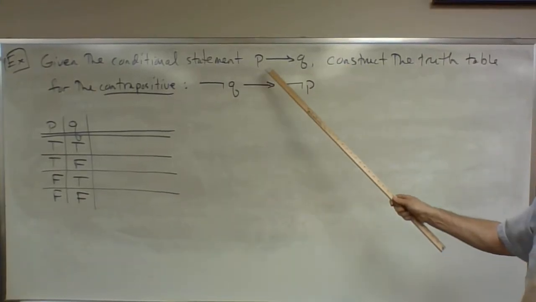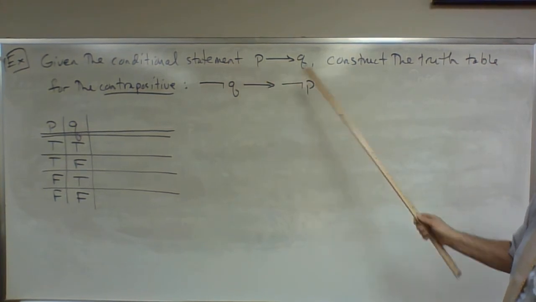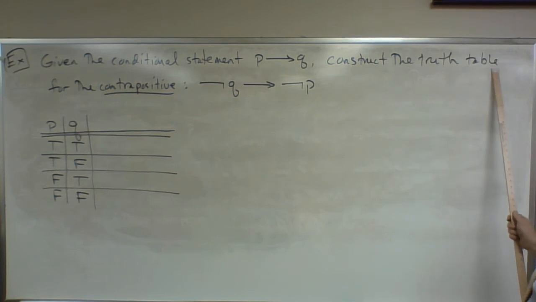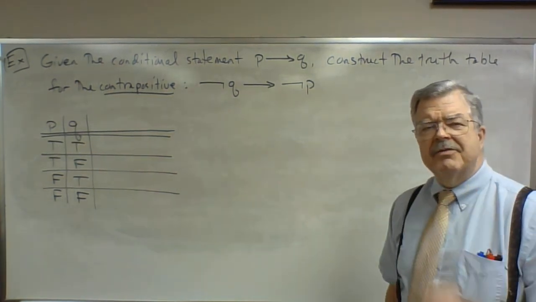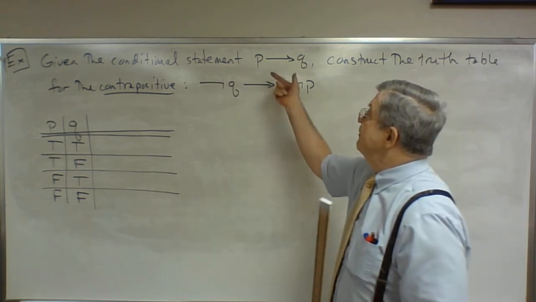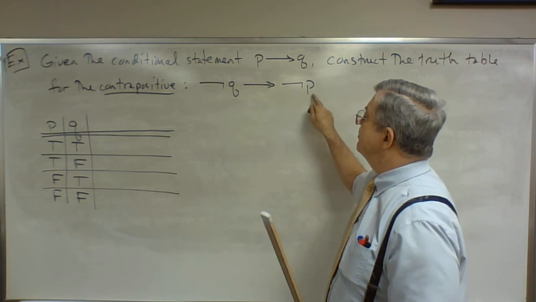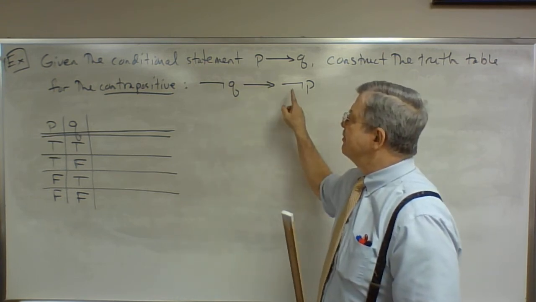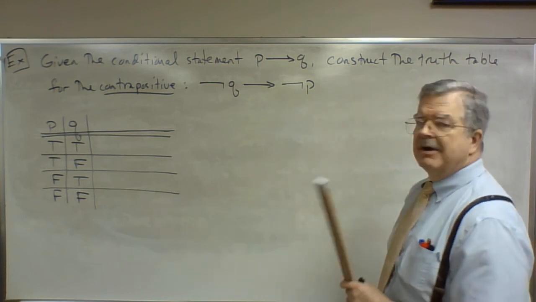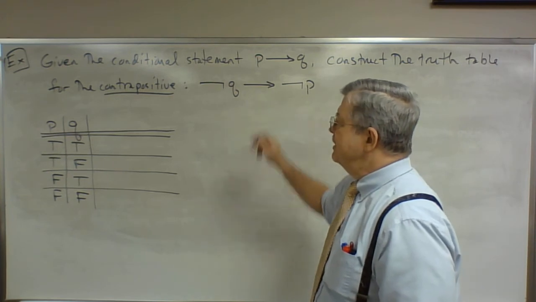Given the conditional statement P implies Q, or if P then Q, construct the truth table for the contrapositive. And remember how we get the contrapositive? First, we switch these two things around, so we have Q here and P here, and then we negate both of them. So we want to construct a truth table for this statement.